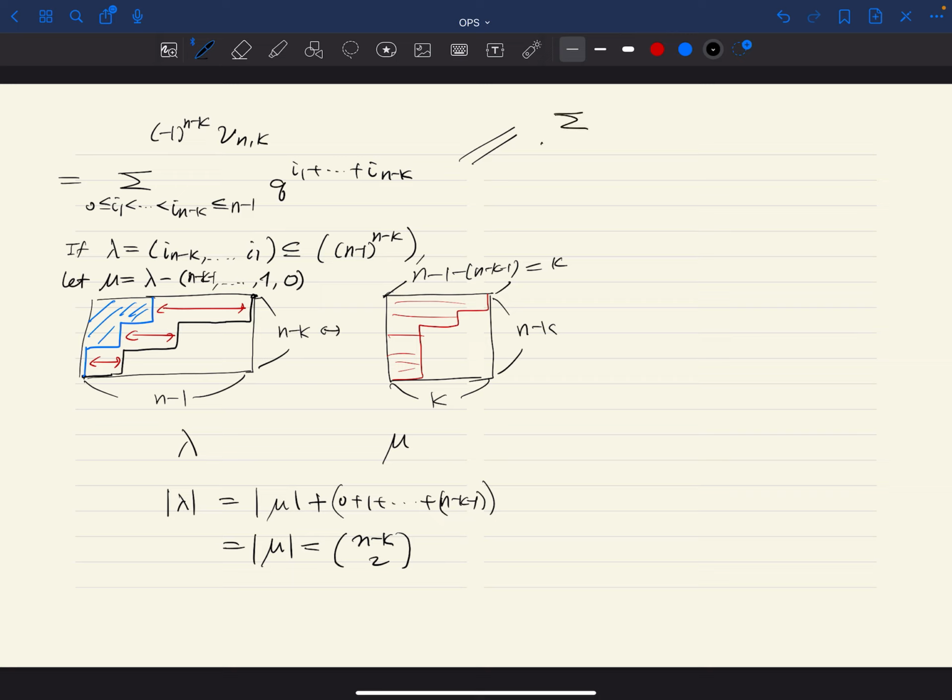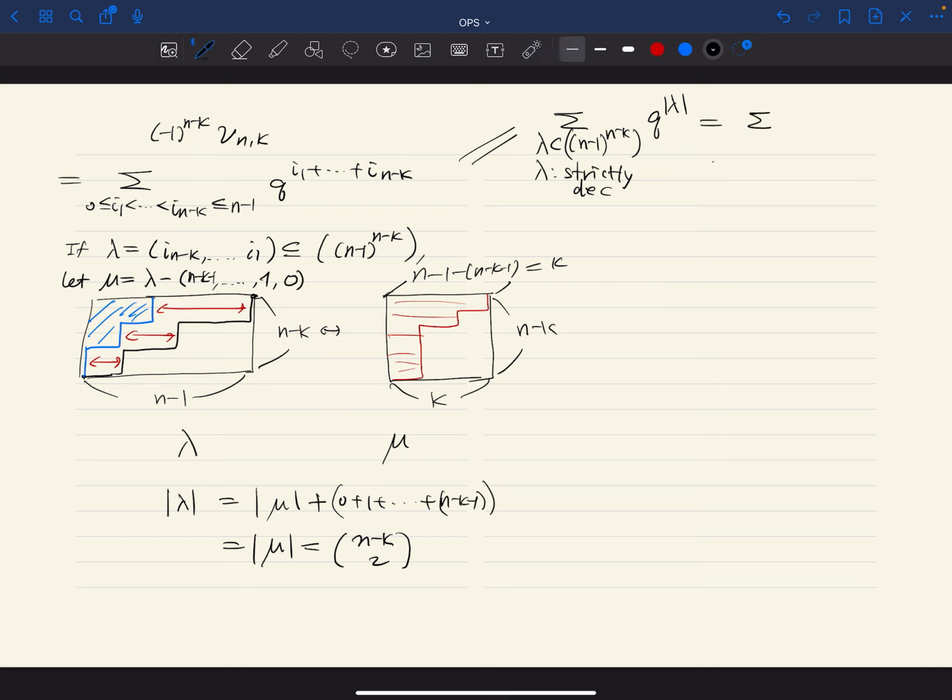the sum over lambda, in summary, strict partition, let's say, strictly decreasing. But this is equal to, if you consider this correspondence, you just get rid of this and then just consider this part.